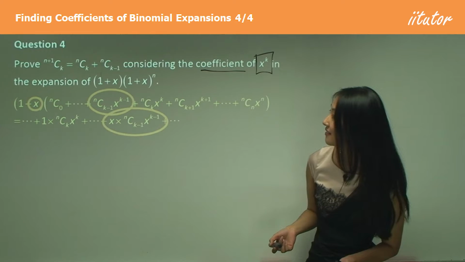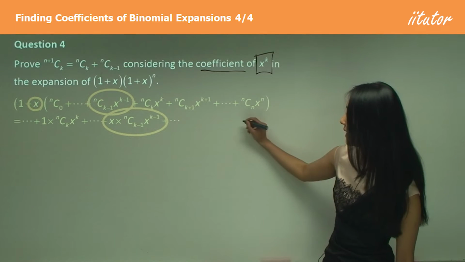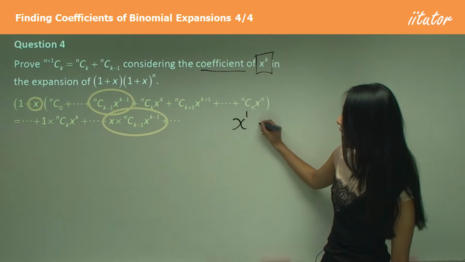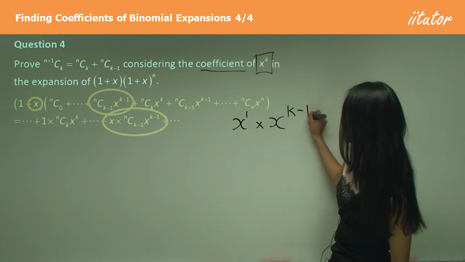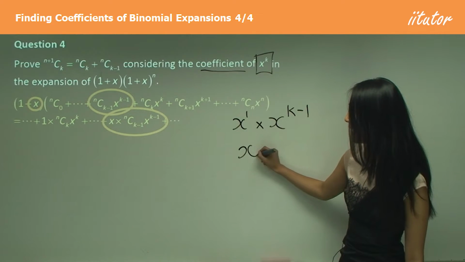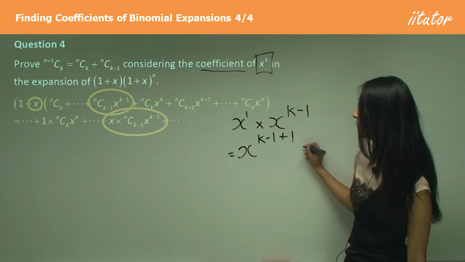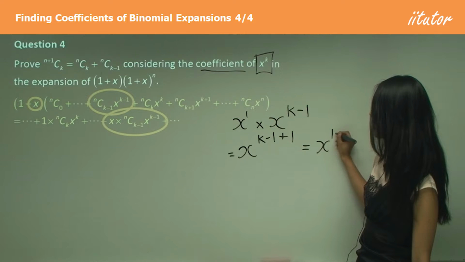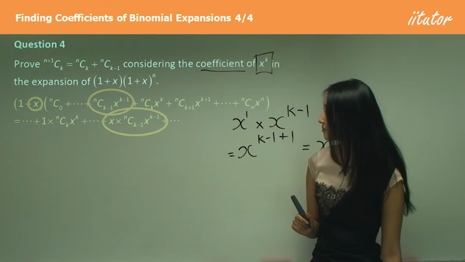Yeah, great. It's going to be x to the power of k-1, because you can see here we're going to have x to the power of 1 times x to the power of k-1. So that means we add together our indices, so that equals x to the power of k-1+1. And that's how you get x to the power of k there. So that's why that and that go together.